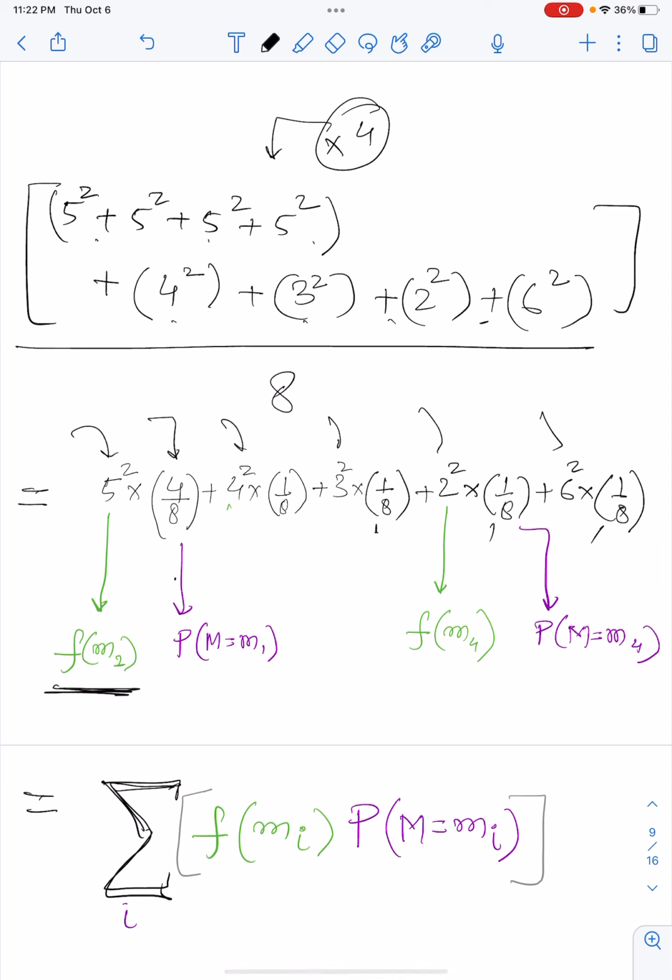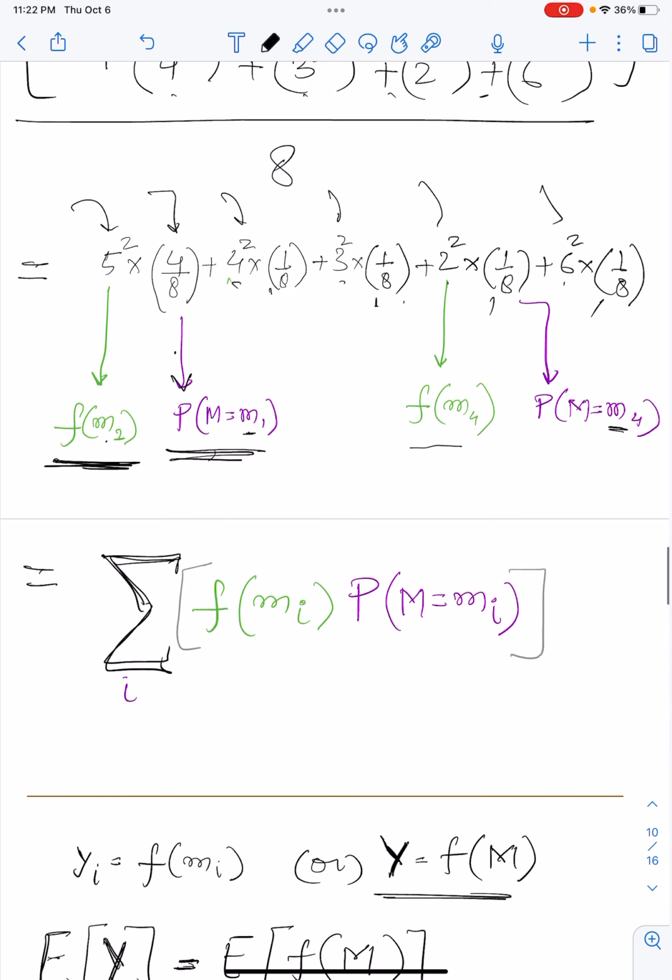These are nothing but f of m1, f of m2, m3, m4, m5. And what are these? These are nothing but the probability of m1 being assigned to capital M, m4 being assigned to capital M, and so on and so forth. So this can again be reduced to a summation of f of mi times the probability of small mi.